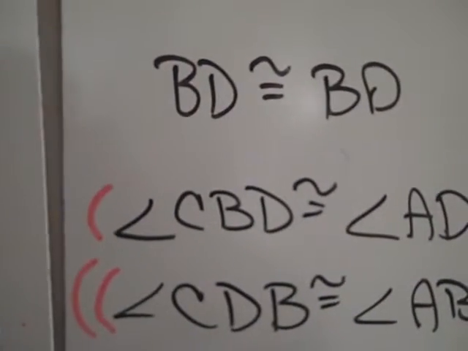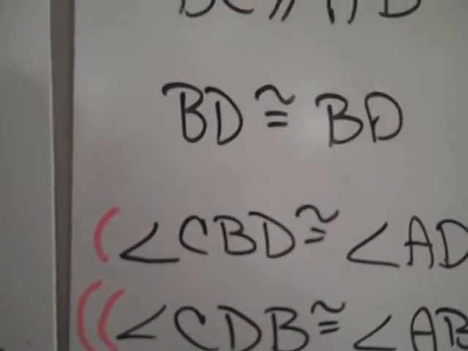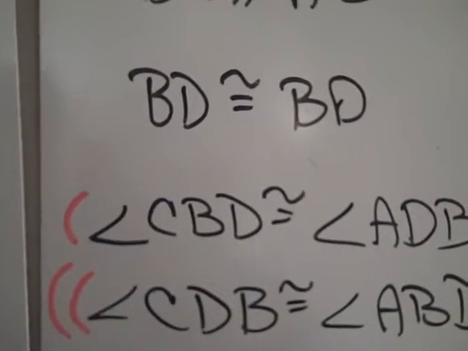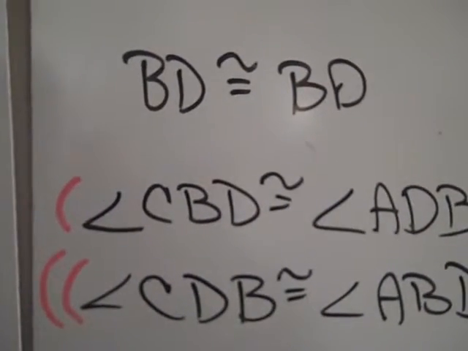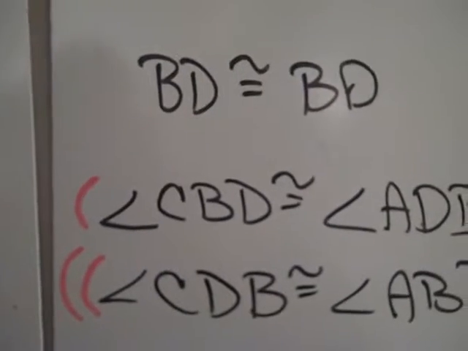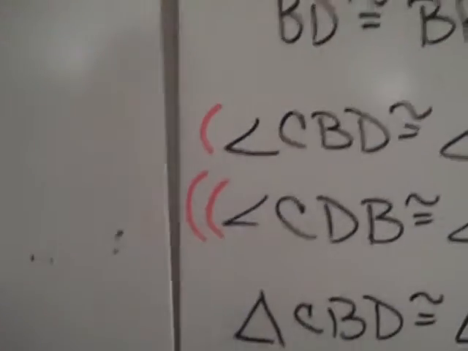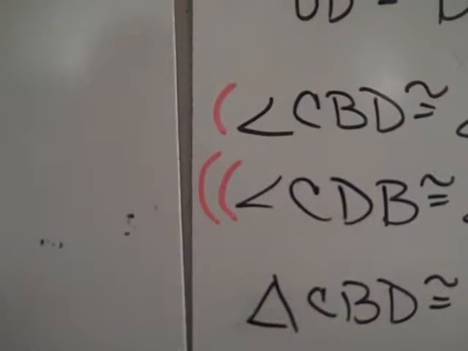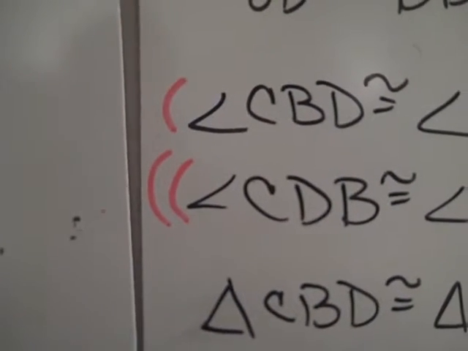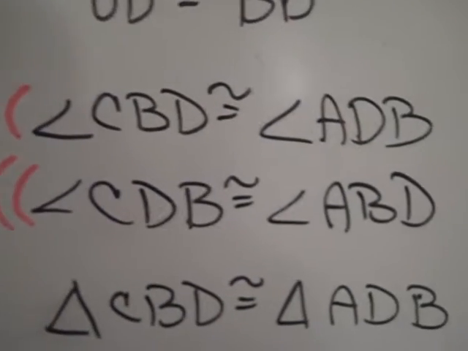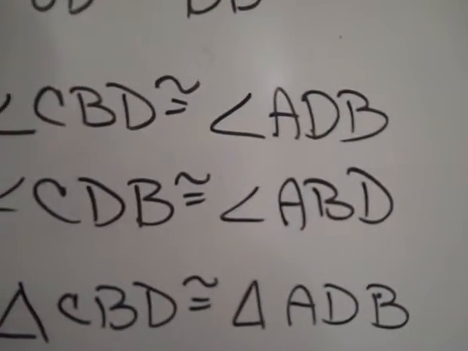So now looking at our information, we now have 3 congruency marks. And since we have 3 congruency signs, that means we can now name our 2 congruent triangles. Our 2 congruent triangles are going to be triangle CBD is congruent to triangle ADB.